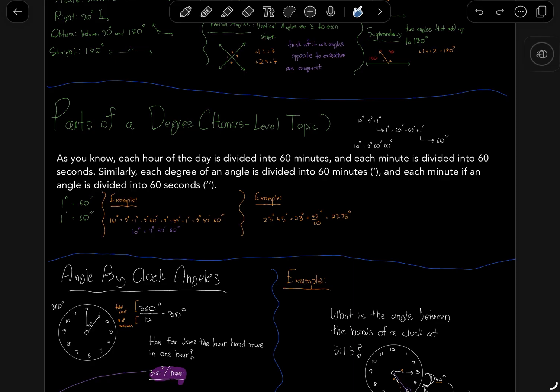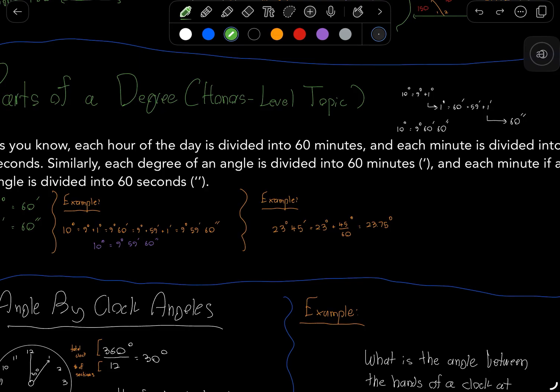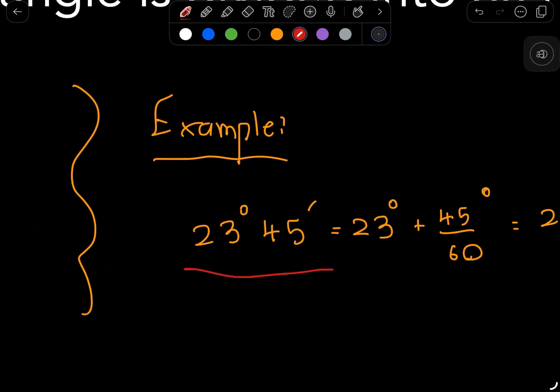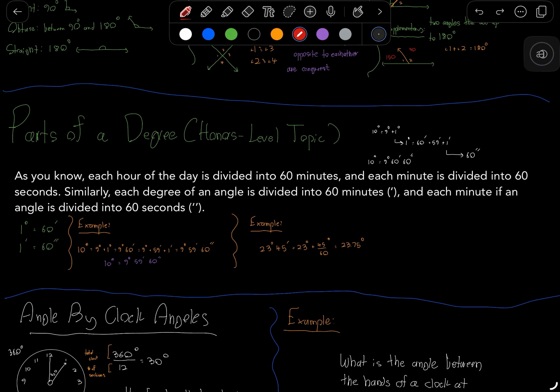Well, we use minutes and seconds for angles to specify the exact measurement of the angle, because sometimes in a problem you might be given the degree notation for a measure of an angle, and I'll explain what all of this means, but you might be given something like this, and you'll be asked to convert it to decimal form, and you'll be required to know how the conversion works. So that's why this is an important topic: sometimes they give you a question with degree notation, and you have to convert it into decimal form.